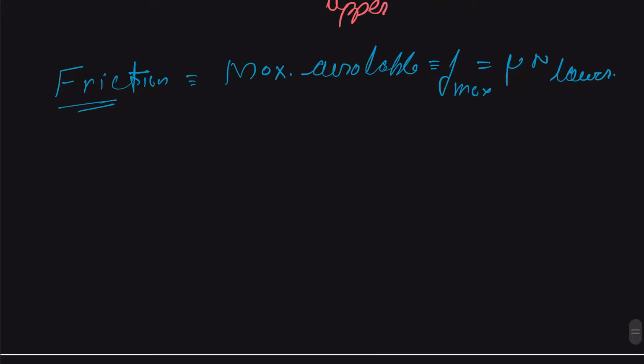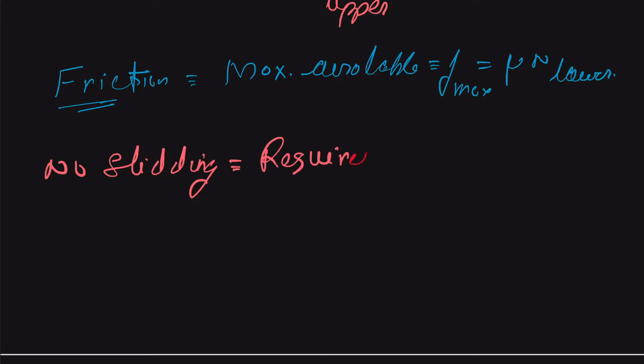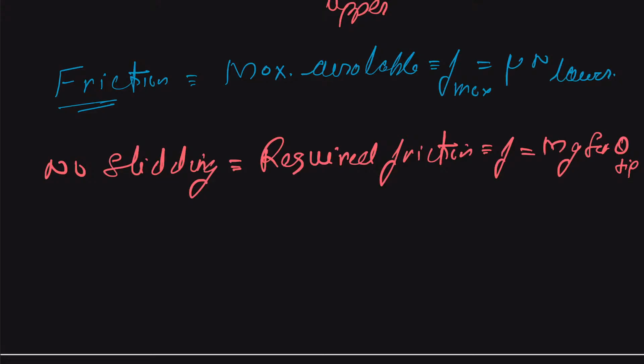And our no sliding condition: for no sliding, the required friction, that is F required, will be equal to mg sine of theta tip, because mg sine of theta tip will be acting down the inclined plane.